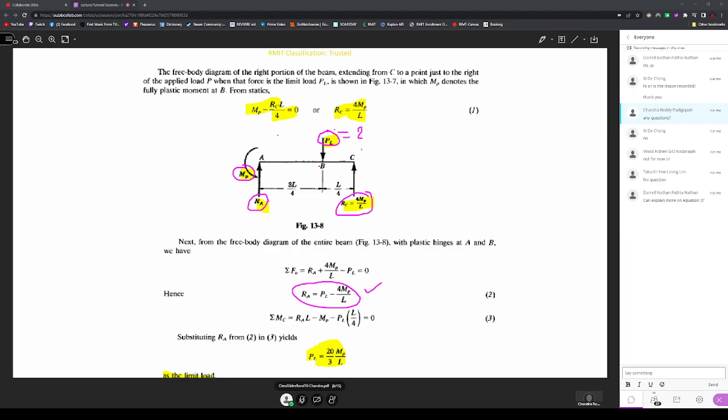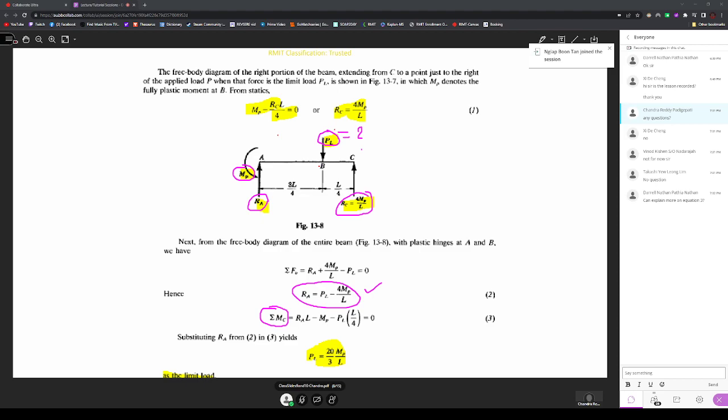Now we apply on the free body diagram the sum of moments acting at point C is 0, because the entire structure is in equilibrium. It is not in a collapsing state. It collapses only when the entire structure becomes plastic.